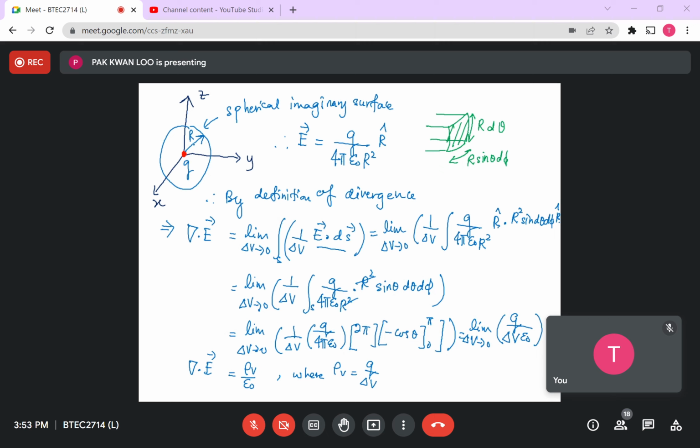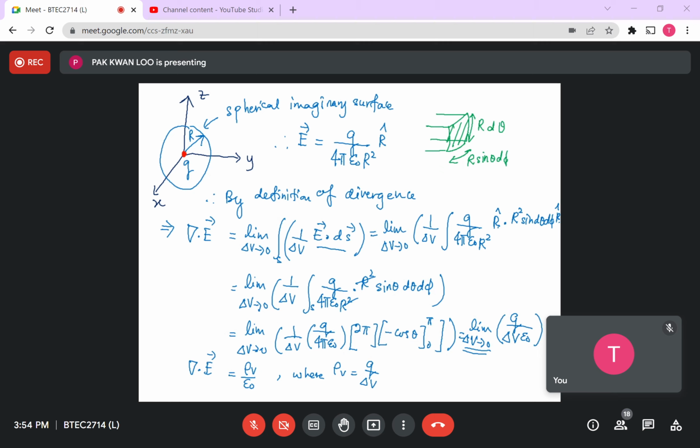When this volume shrinks and tends to zero, it is the charge distribution at the point, right? So that is why it's called the point charge. This is a charge distribution at a point. So this is what it means.